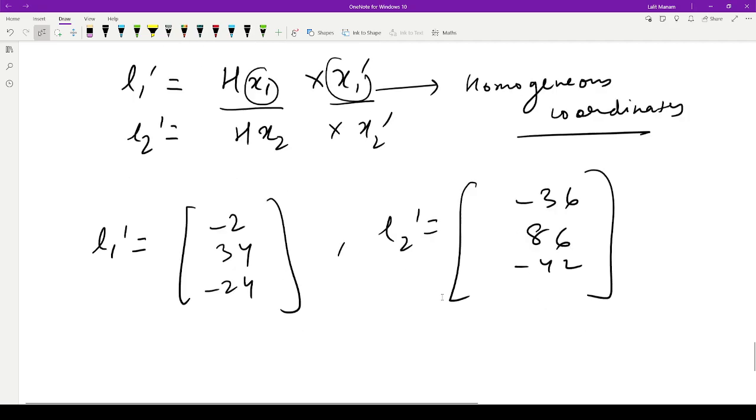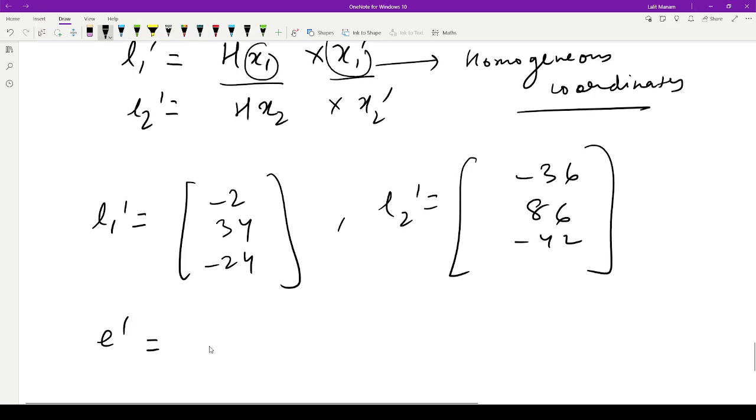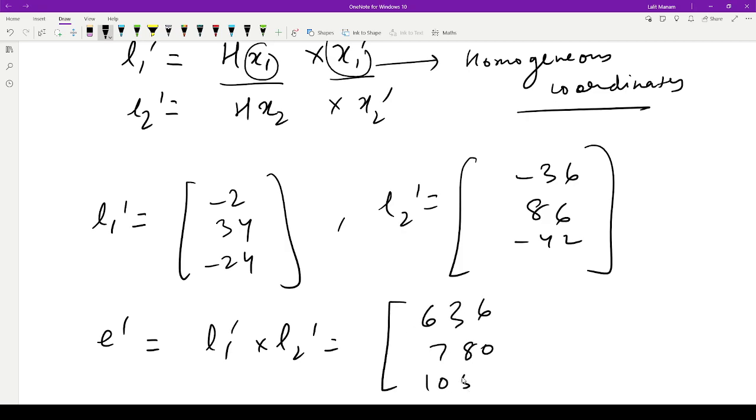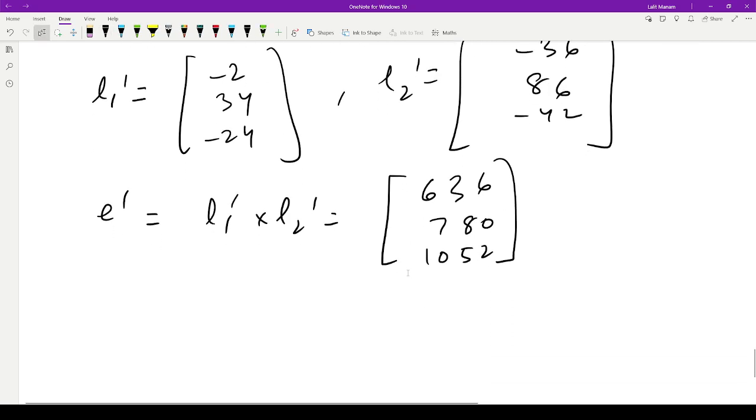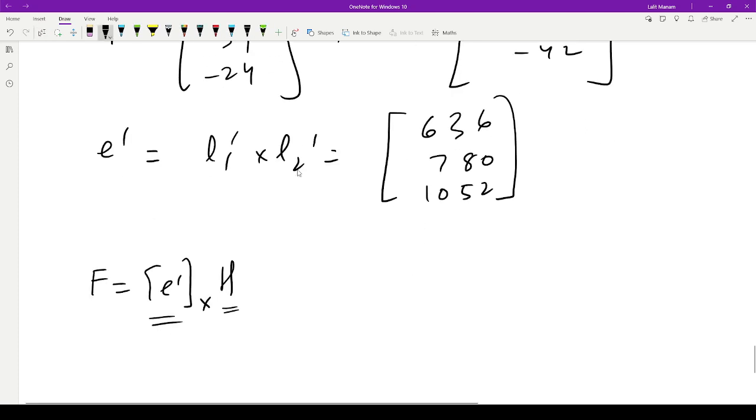Now given L1 prime and L2 prime, we can get E prime, as we saw earlier, which is a big number, 636, 780, 1052. Then we can just place the homography from the question and E prime here, which will give some big answer.